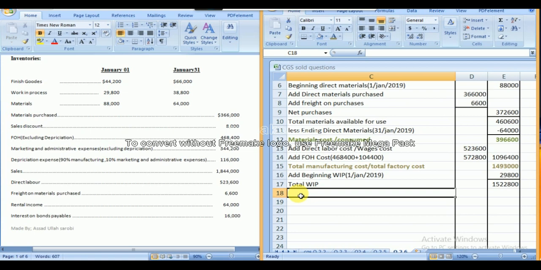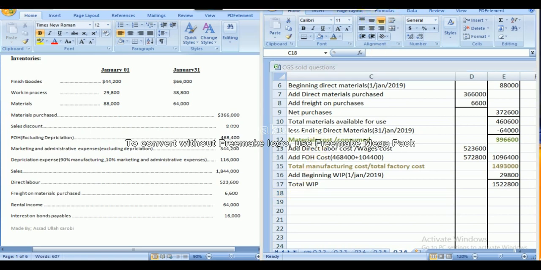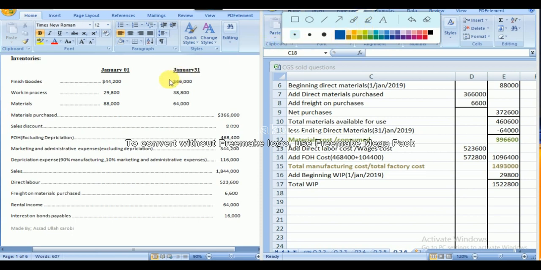But when we checked the record, it shows us that in January 38,800 work in process are left. This work in process is not converted to finished goods in the month of January. That will be converted to finished goods in the month of February.